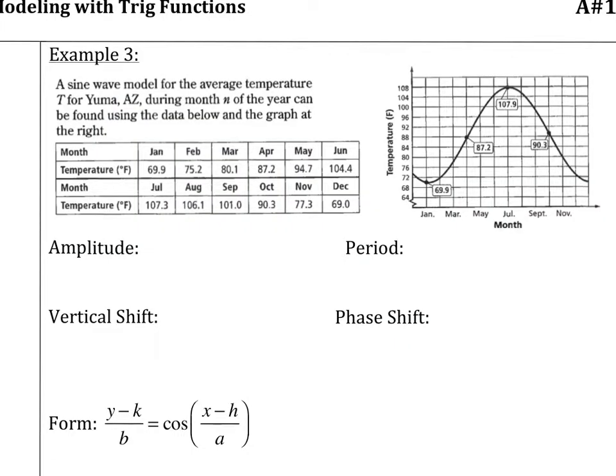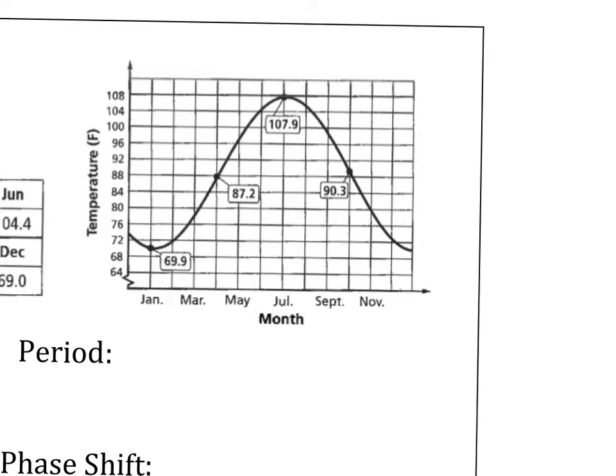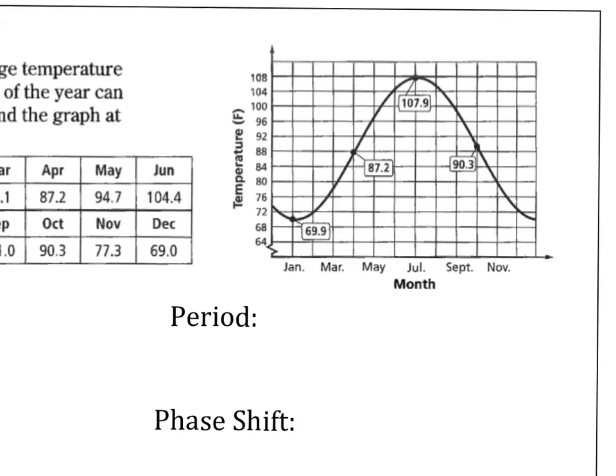On example number 3 here, we have a sine wave for the average temperature T of Yuma, Arizona. And we're going to use this graph. So my numbers are going to be based off the graph because that was the skill we just did previously. Obviously, I can plug all this stuff straight into my calculator, and the calculator can find it for me.